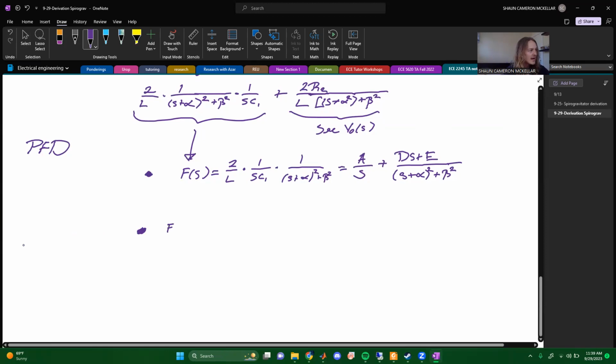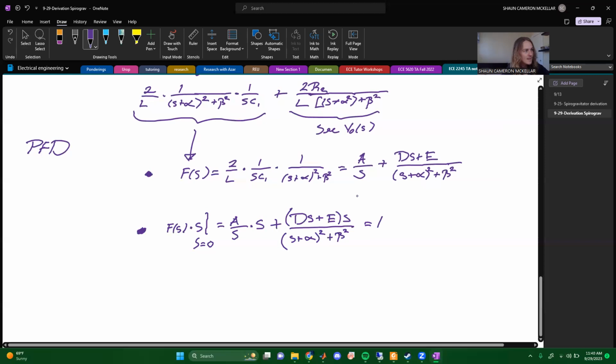We're going to say that f of s times s, so that's the denominator on A here, f of s times s evaluated at s equals 0. What will that be equal to? I know it's going to be equal to A over S times S plus ds plus E all times S divided by my denominator, S plus alpha squared plus beta squared.